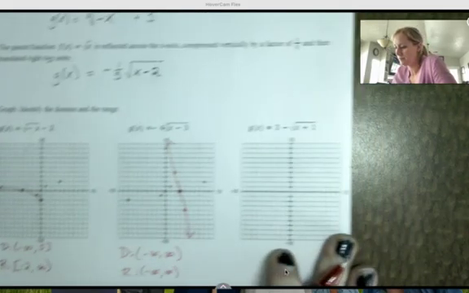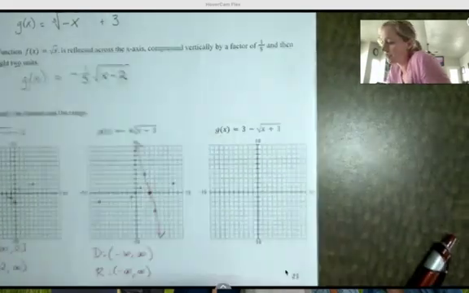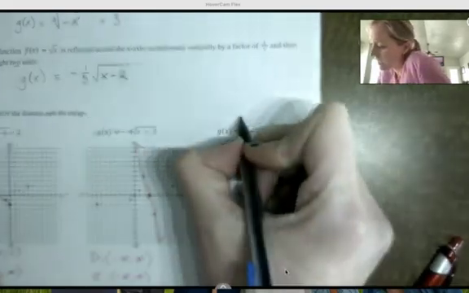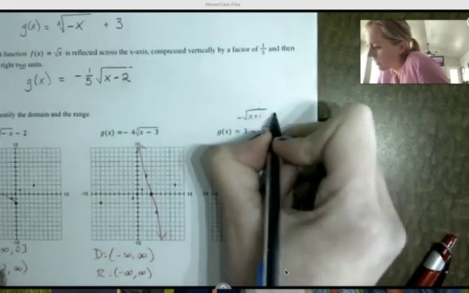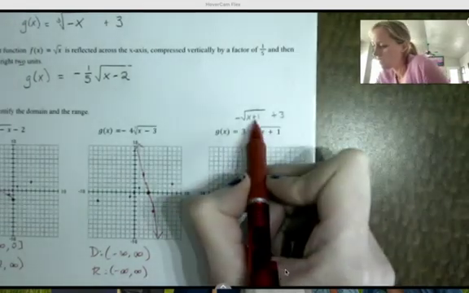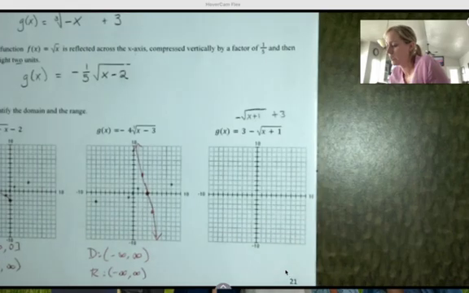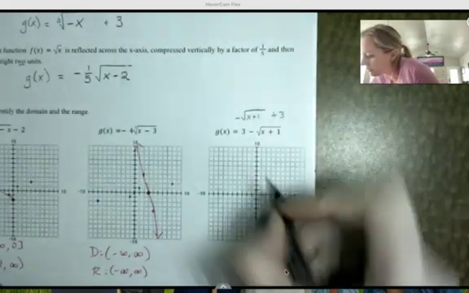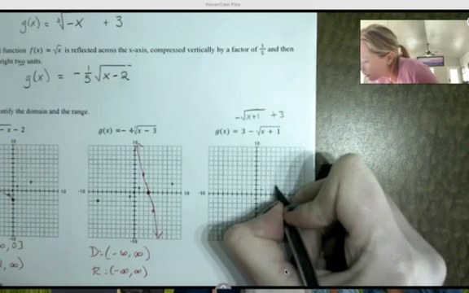This one, another way I could write this is -x plus 1, and then +3. So this is going to be left 1, reflect, and then up 3. This is a square root one to start with, so again I'm just going to put some parent points here.